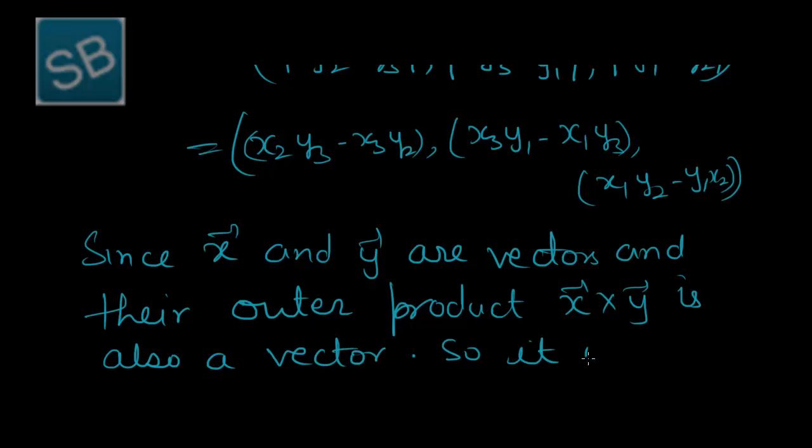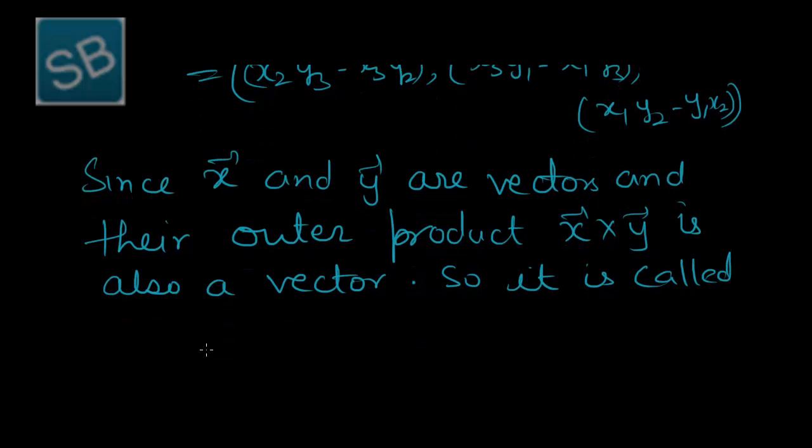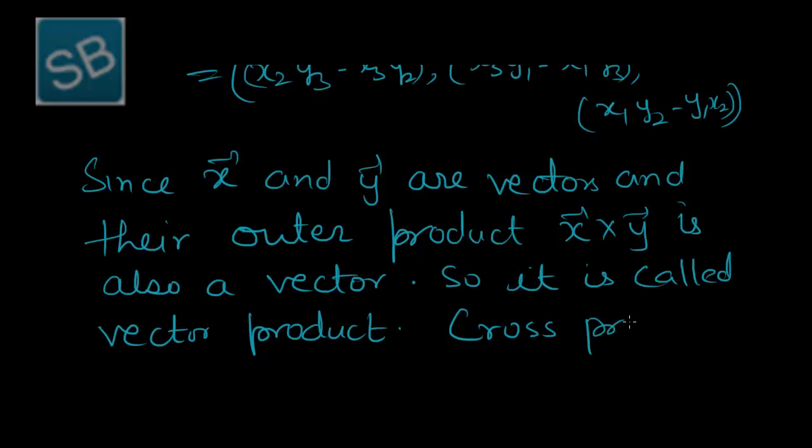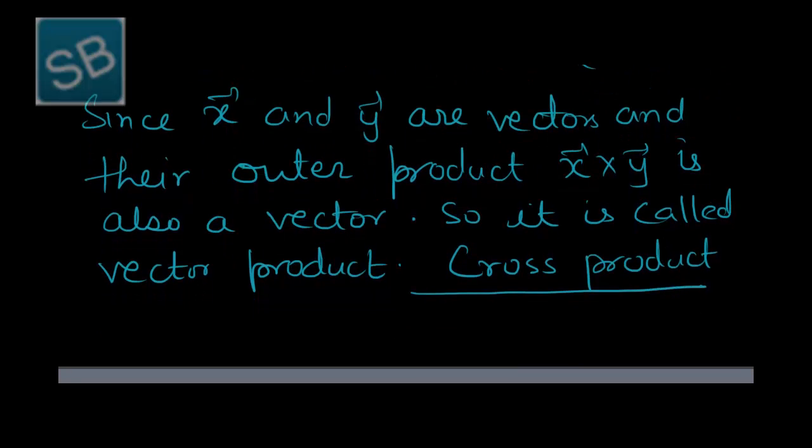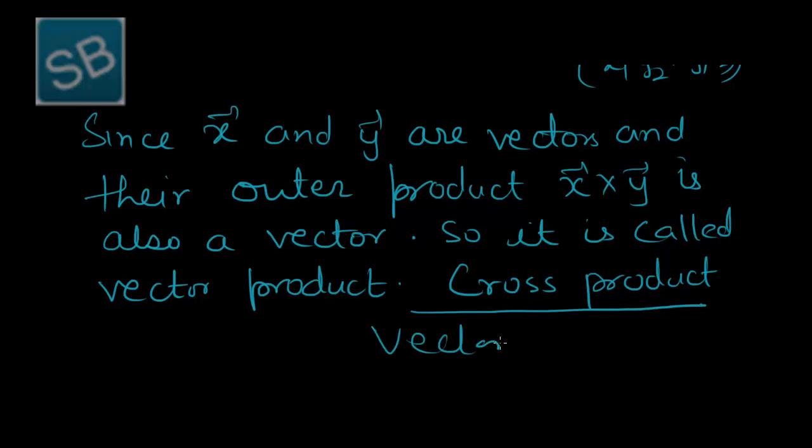So it is called vector product. It is also known as cross product, or it is also known as vector multiplication. So it was all about the vector product of two vectors.